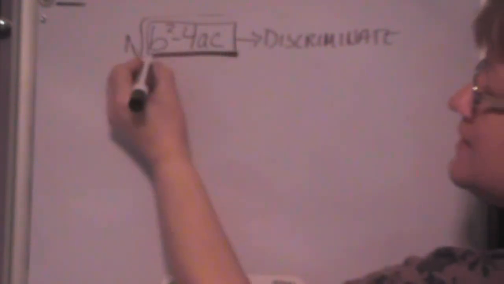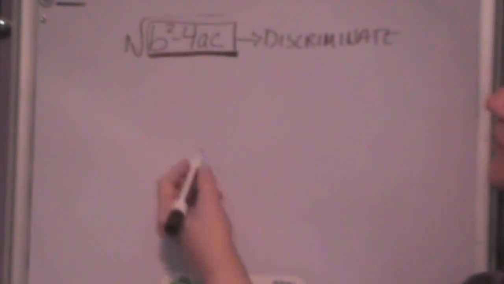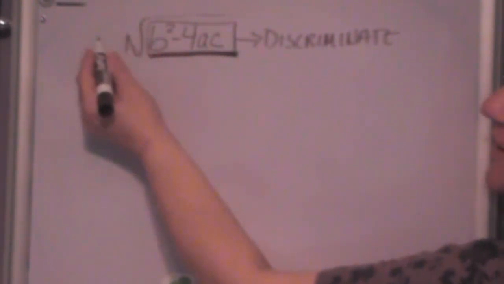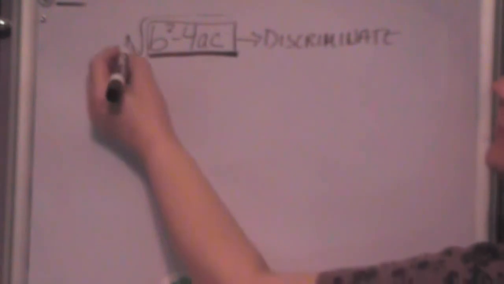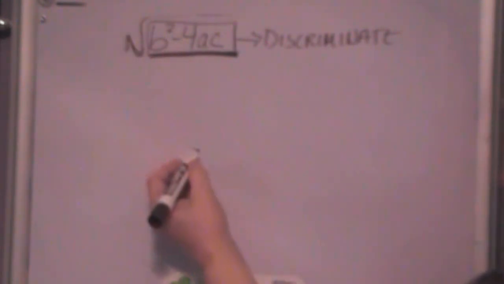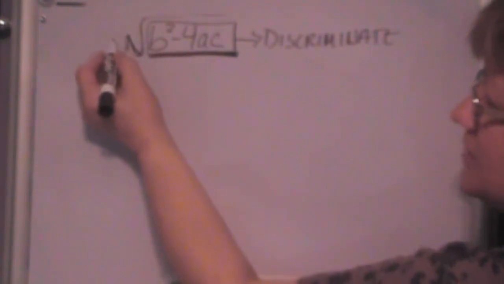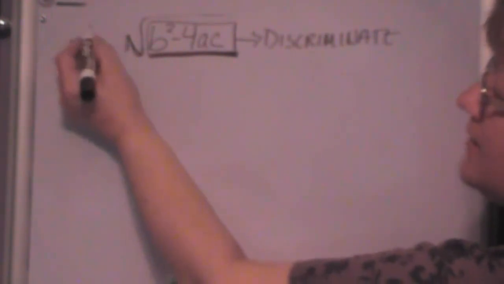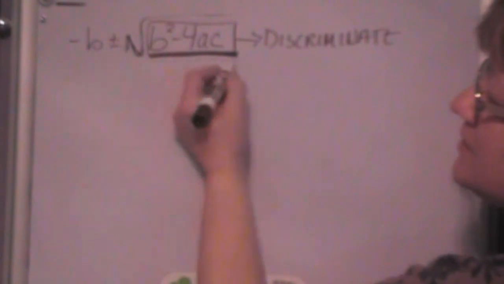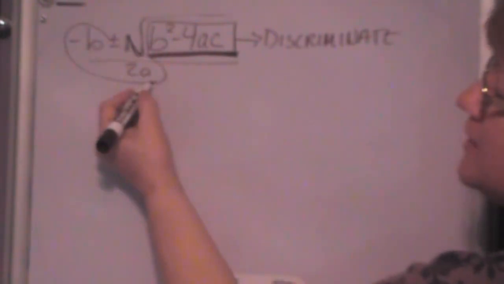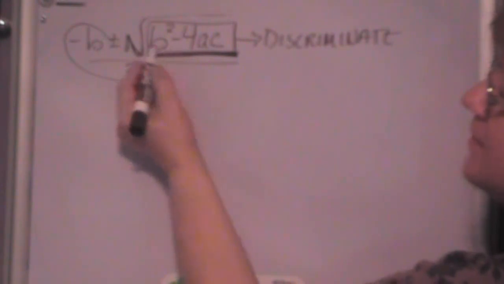So in other words, if this b squared minus 4ac is negative, then you're going to have two imaginary roots, which are going to appear in conjugate pairs. Because it's plus or minus, as you remember, you have minus b plus or minus, so whatever, all over 2a. So this part of the fraction will be the same if this is less than 0.